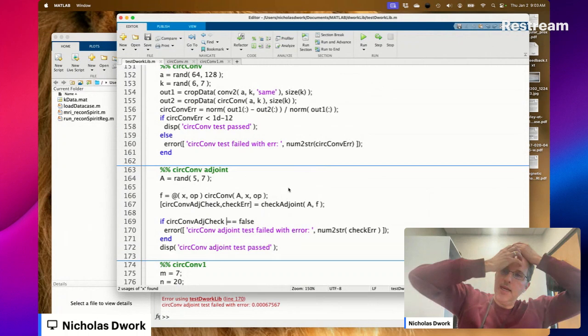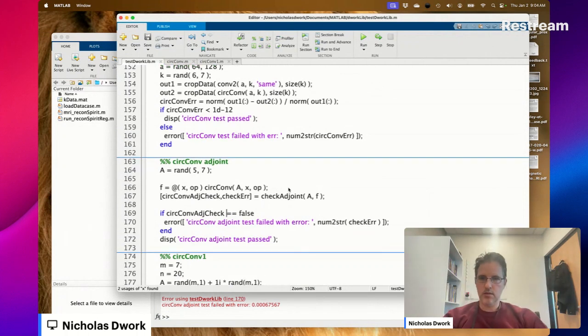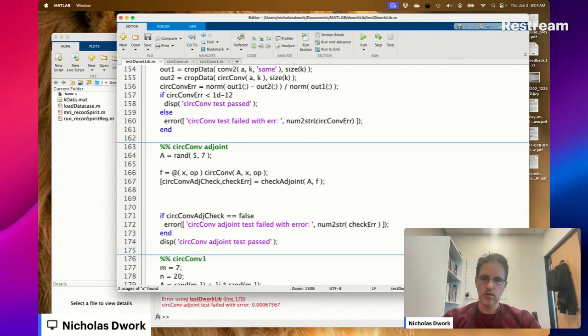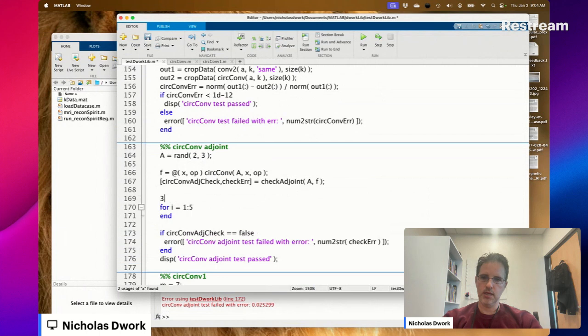I could do the thing again. Four, i equals 1, 2. Let's make this smaller, 2 by 3. Okay. See, in 2 dimensions it's going to be tougher, but let's see what happens. E1 equals zeros, 5, 1. E1 of 1 equals 1.